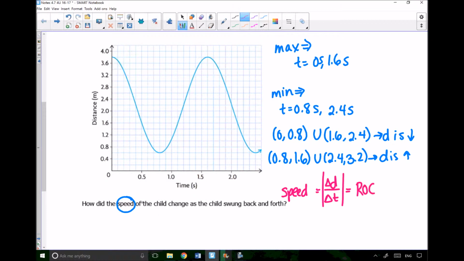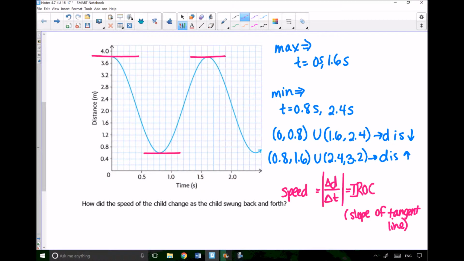So how is the speed of the child changing? Well, when I look at my graph, the rate of change, remember, the instantaneous rate of change, is going to be the slope of the tangent line at any point. When I look at this, the slope of my tangent line here is 0.